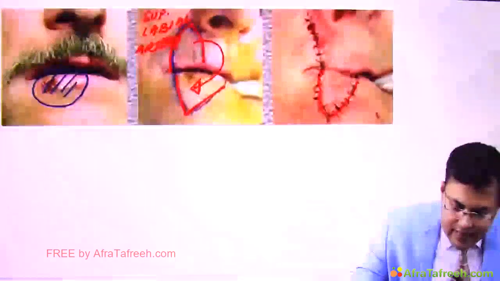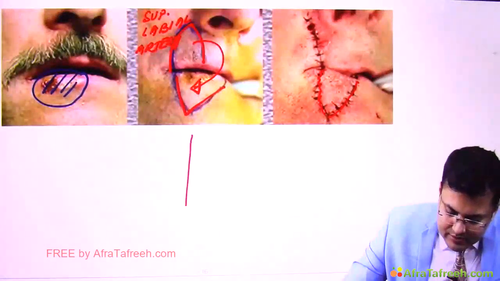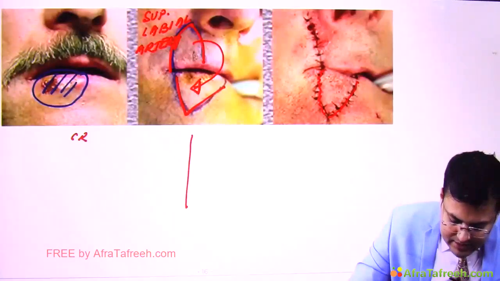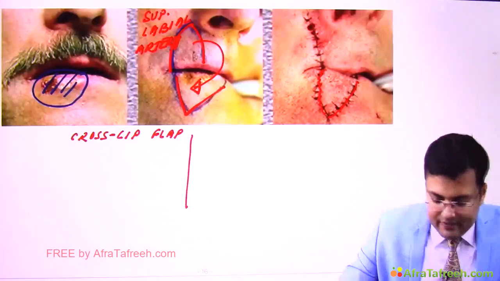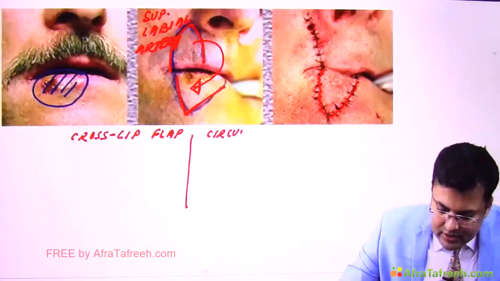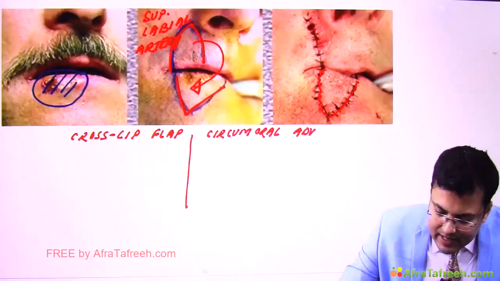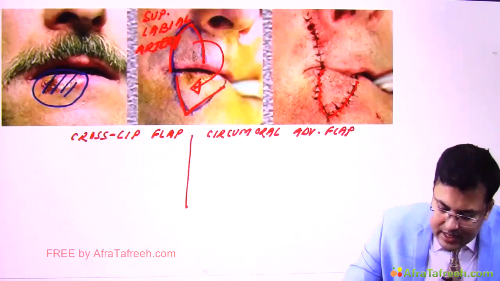So what are the flaps used for lip reconstruction? First, the cross lip flap, and the second is the circumoral advancement flap. What are the examples?